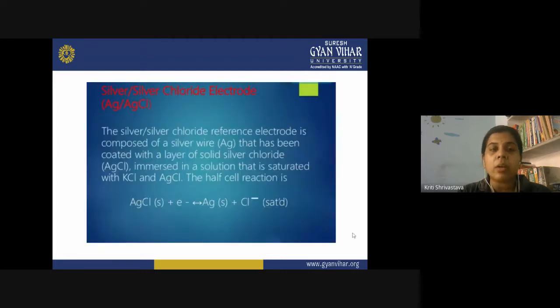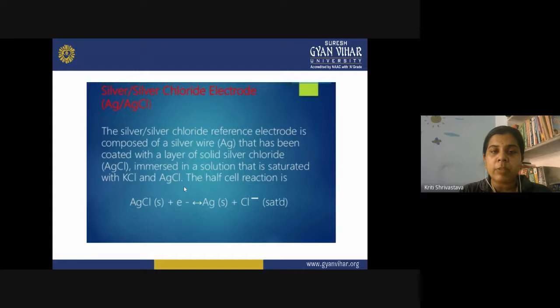This is now the description of the silver chloride electrode. So this is a reference electrode. It is composed of a silver wire that we have just seen in the schematic diagram. The silver wire is actually coated with a layer of solid silver chloride, and then it is immersed into a solution that is saturated with KCl and AgCl.